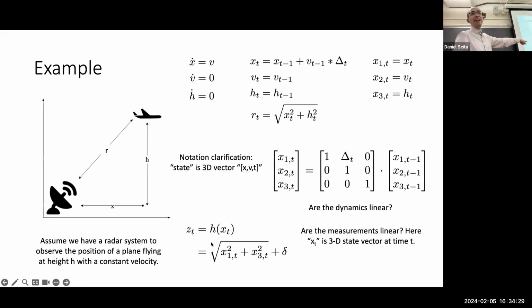So is this linear? I just told you that if you have some square root and exponents in there, then it's probably not linear. So in this case, it's not linear.